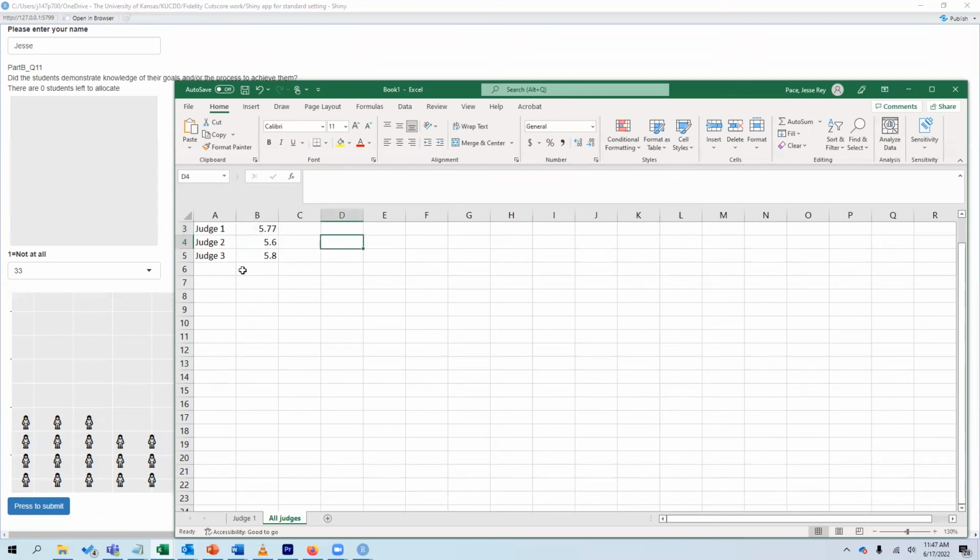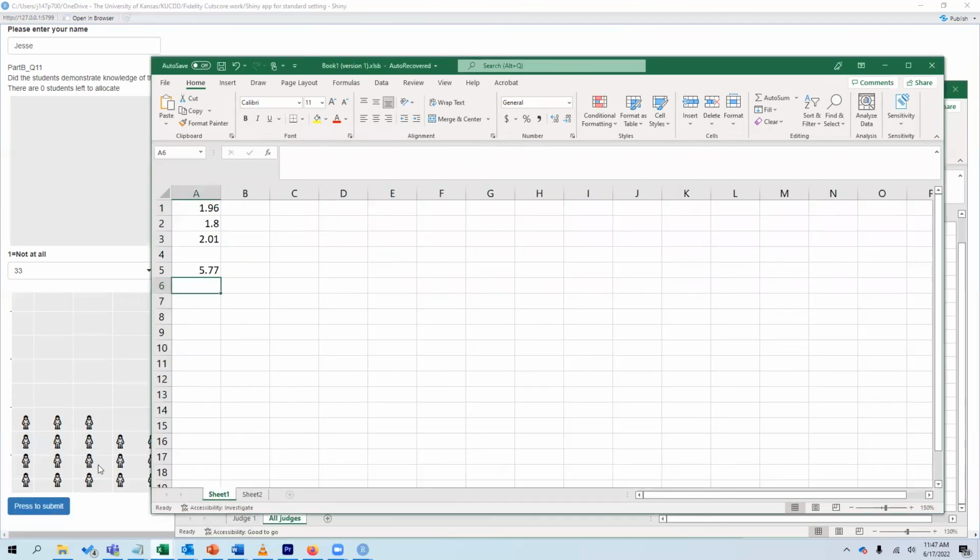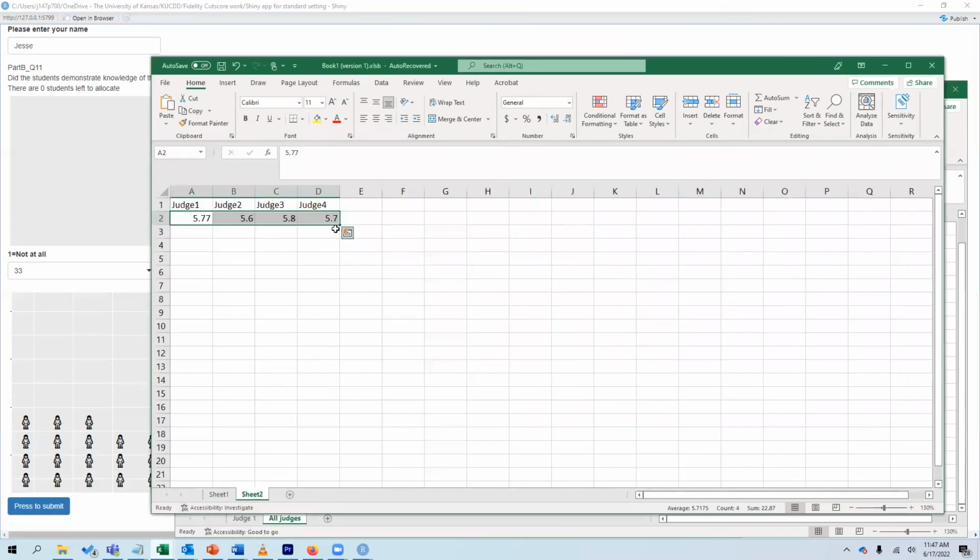But the point is that what we're going to do is have each judge look at each item using the software, as I've said. They're going to make those ratings for every item. That's going to get us an estimate of the total score from that judge. And then we're going to pool those estimates of the total cut score across judges to come up with the average cut score across judges.